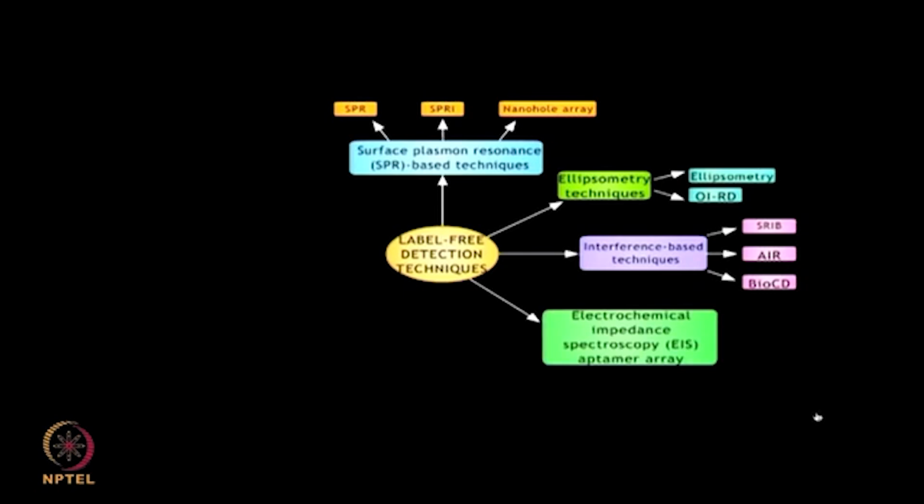Electrochemical impedance spectrometry aptamer array: aptamers are short single stranded oligonucleotides that are capable of binding to a wide range of target biomolecules. EIS combined with aptamer arrays can offer a highly sensitive label free detection technique.